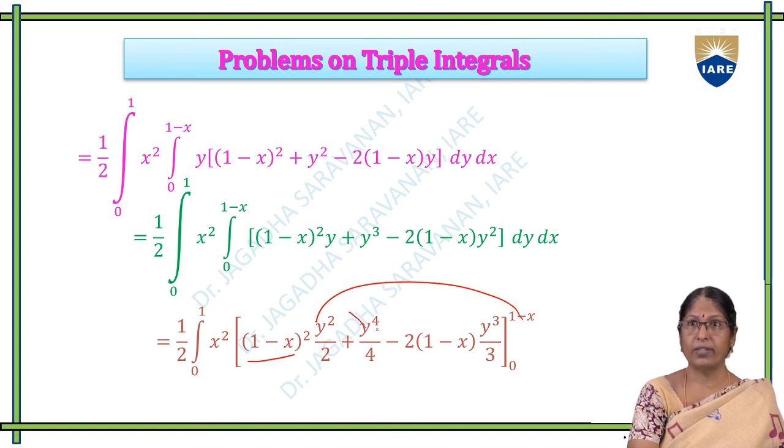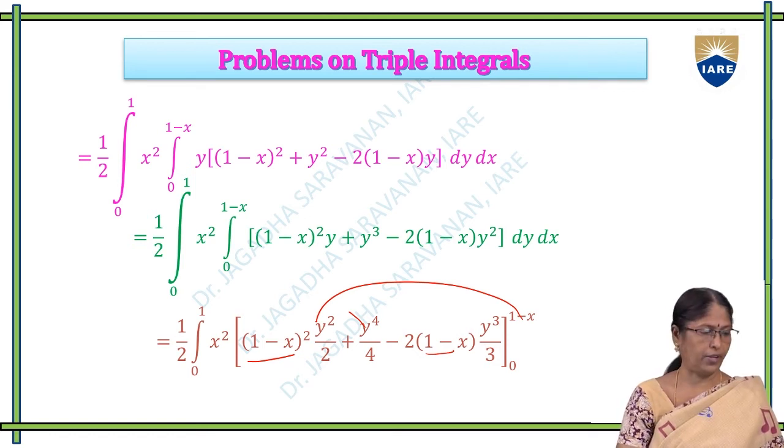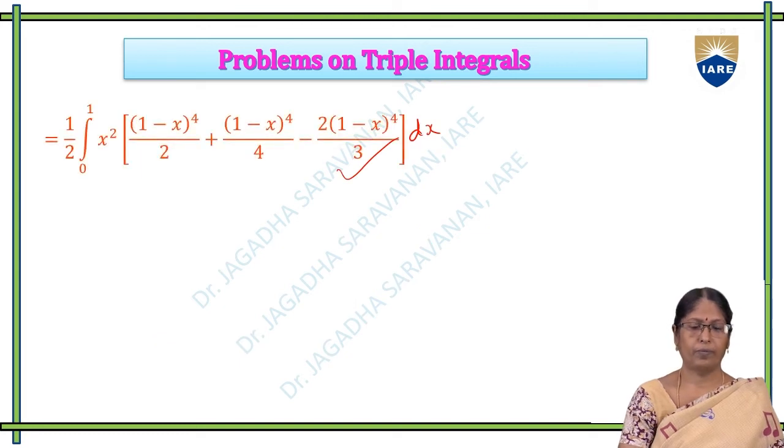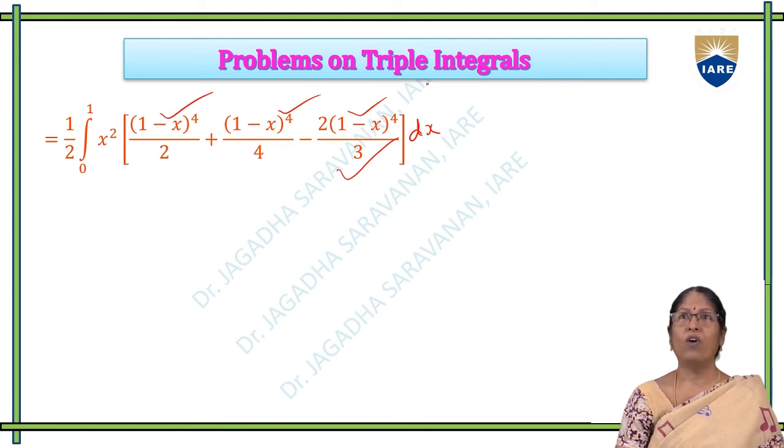Here also 1 minus x the whole power 4. Here also we can see 1 minus x is there. Here 1 minus x cube is there. This is also 1 minus x the whole power 4 form we are getting. Every term, 1 minus x the whole power 4 is there.